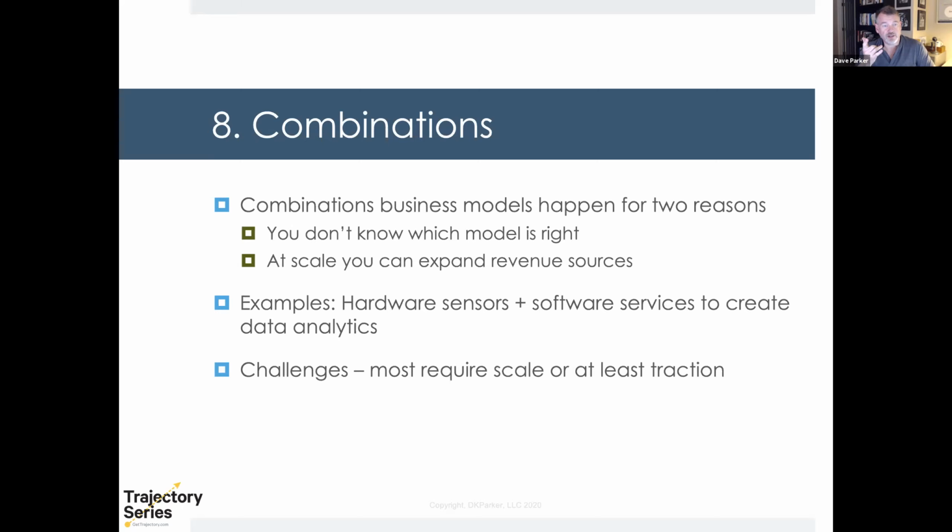Versus if you're inverted, if you're 75% services and 25% subscription, I'm going to be like, not a great example for funding, right? So some of you may be able to do non-recurring engineering early and build towards your final product, but charge your customer for a custom build of that product.